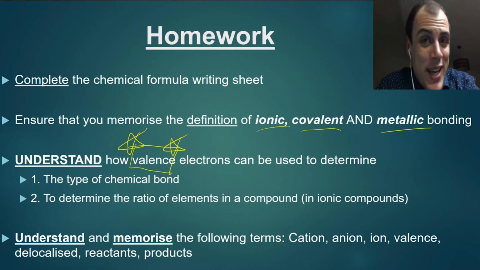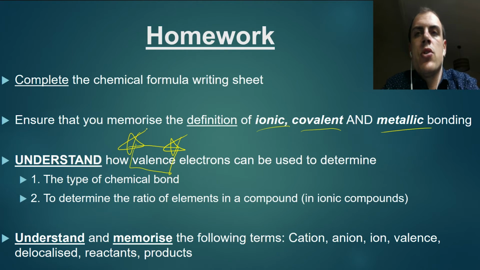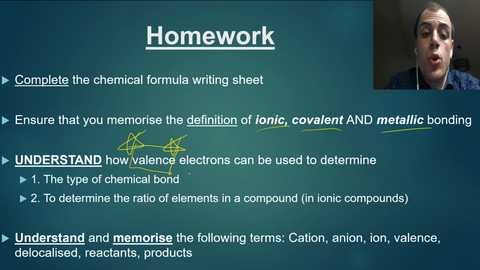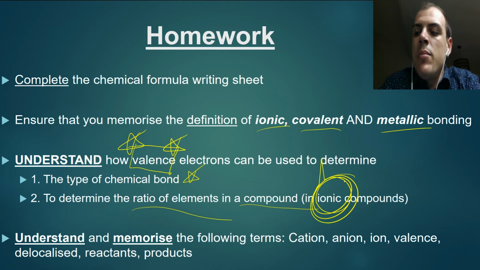Granted, it's also one of the most complicated when you get up to the higher levels. But once you understand valence electrons, you can use the periodic table to predict the type of chemical bond, and to predict the ratio of elements in a compound, especially in ionic compounds. It allows you to predict and truly understand the behavior of some of these chemicals.